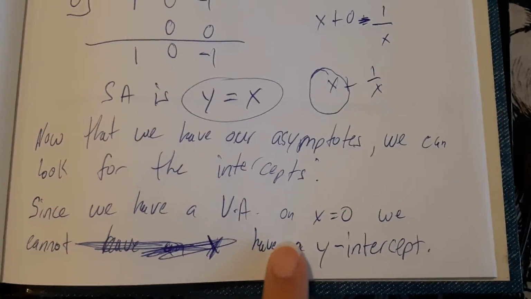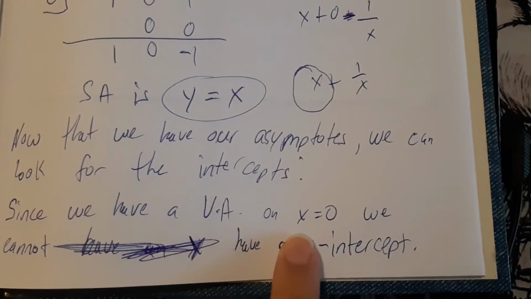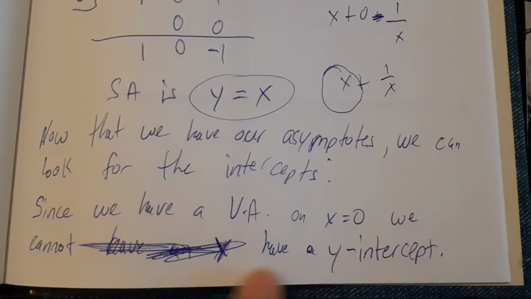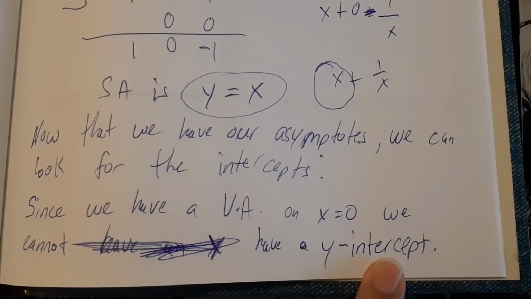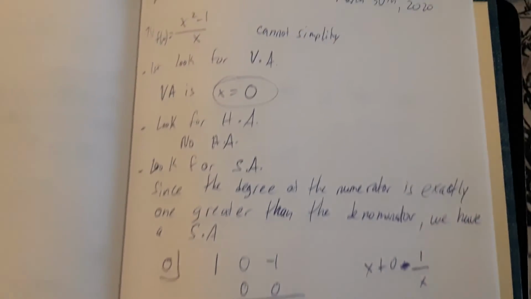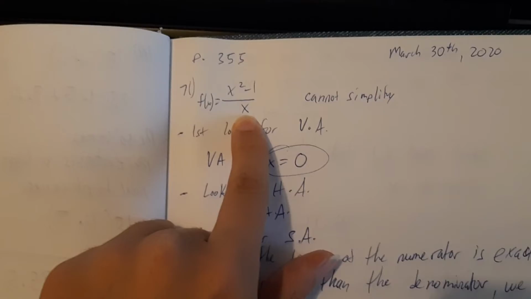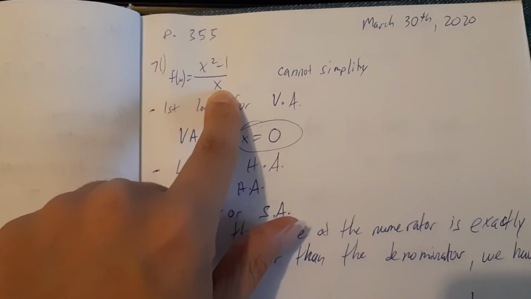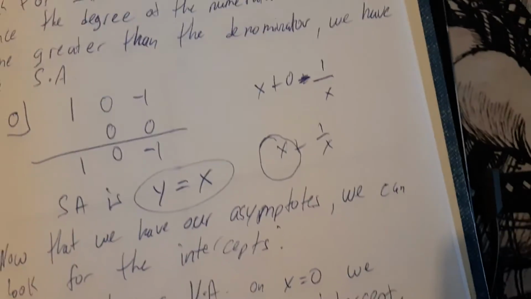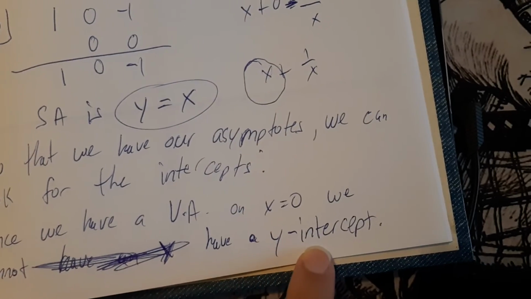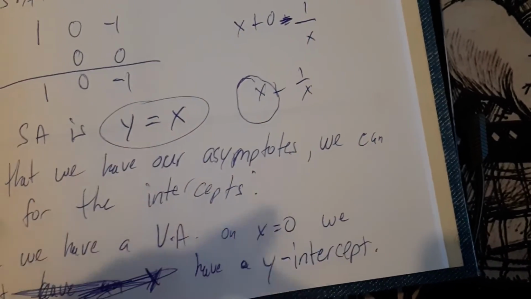But because we have a vertical asymptote where x is equal to 0, we cannot have a y-intercept. Remember, if x is equal to 0, the denominator will be 0, and we cannot have that. So we arrive at the conclusion that our y-intercept doesn't exist.